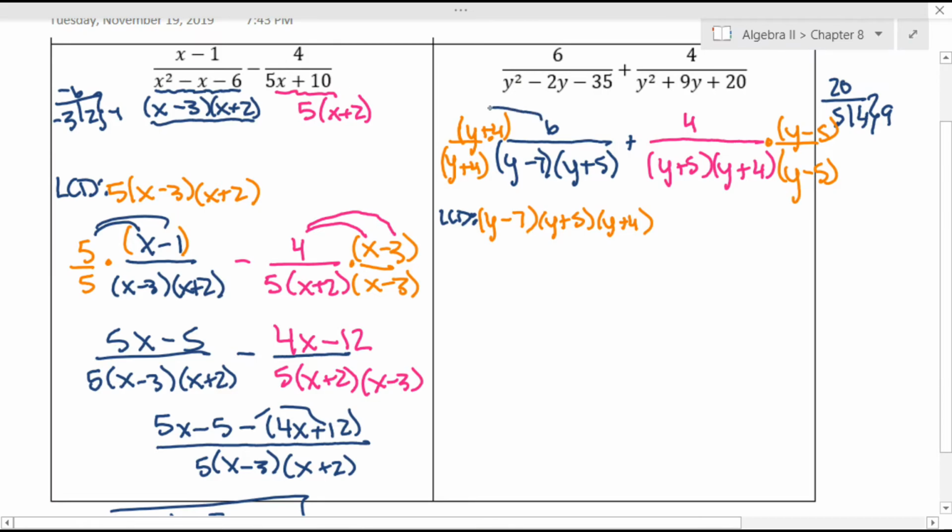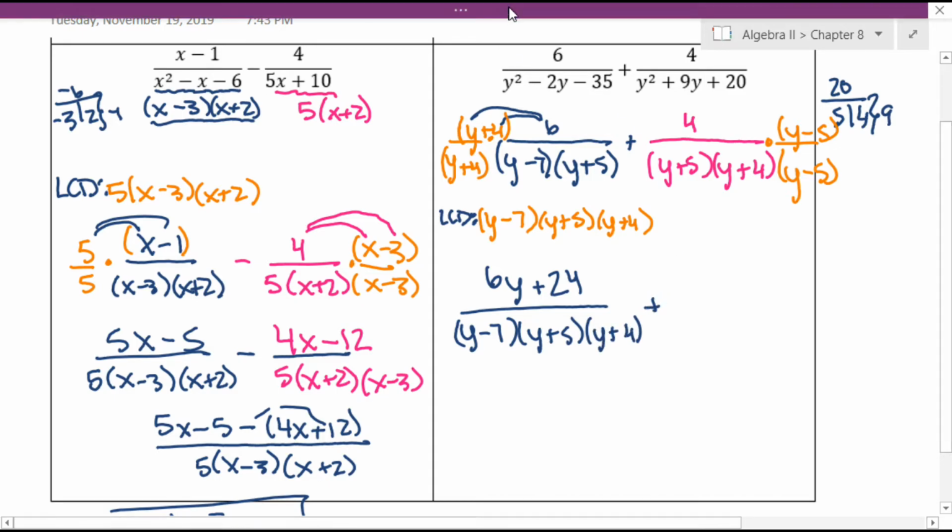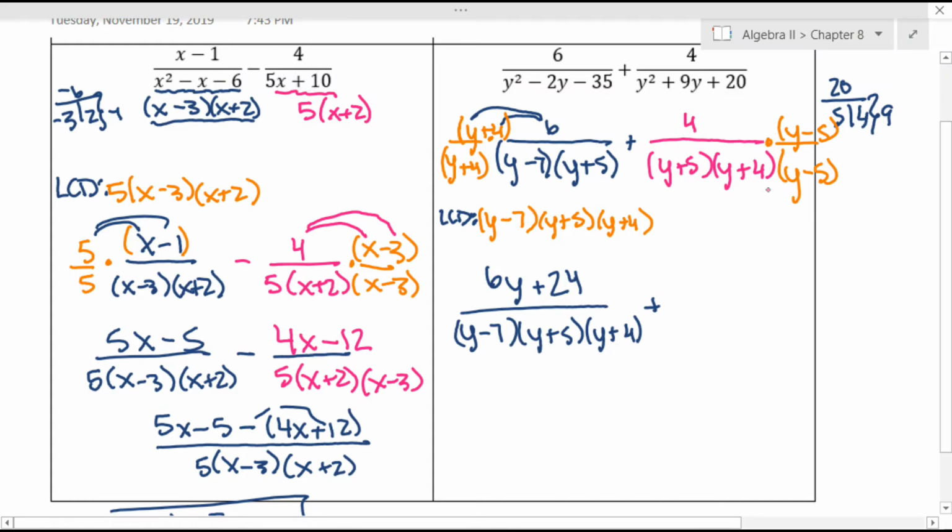So 6 times y plus 4 is 6y plus 24 over my LCD, which is y minus 7, y plus 5, y plus 4. And I'm adding this time. So then I'm distributing my 4, so I get 4y minus 20 over my common denominator, y plus 5, y plus 4. Darn it, I did it wrong.